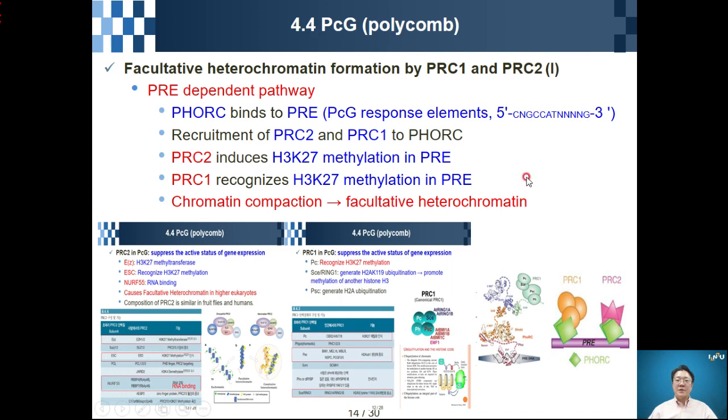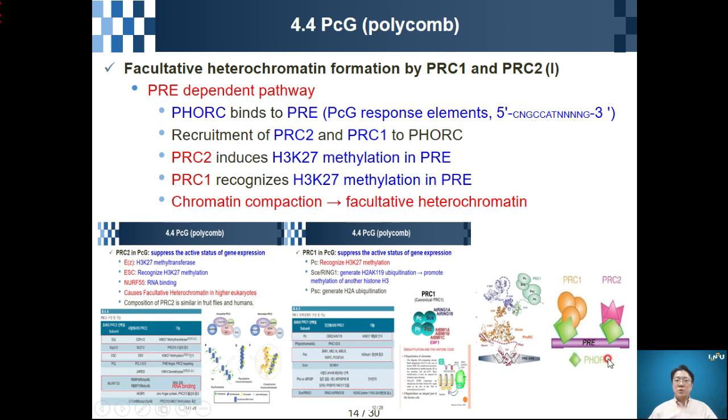In the DNA sequence, there is a PRE region. PRE is a PcG response element. The DNA sequence, starting from 5', is C, then N, which means adenine, thymine, guanine, or cytosine can be here, then C, N, guanine, C, C, A, T, N, N, and N, G like this.